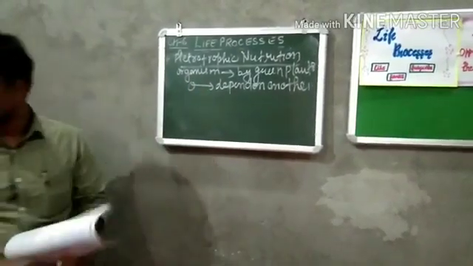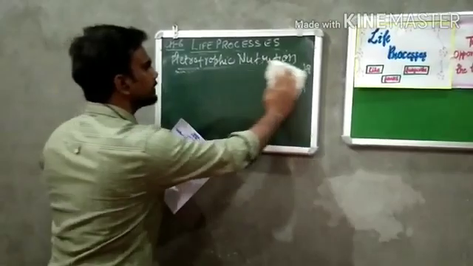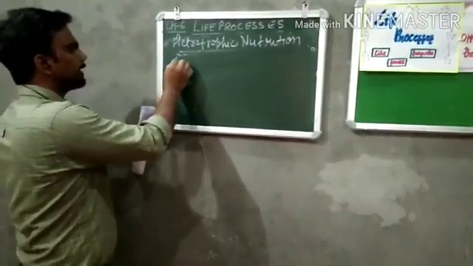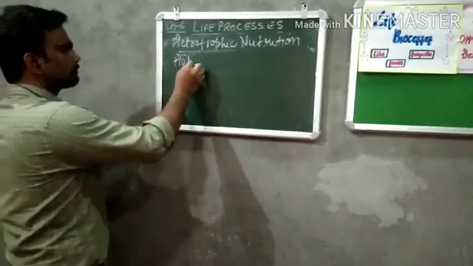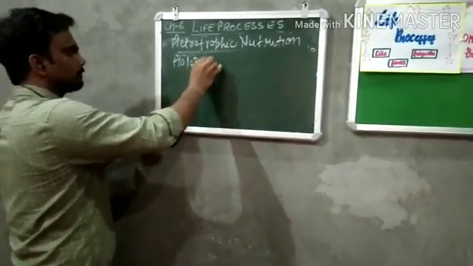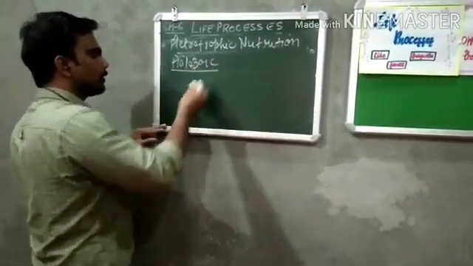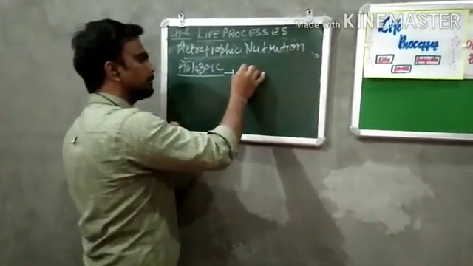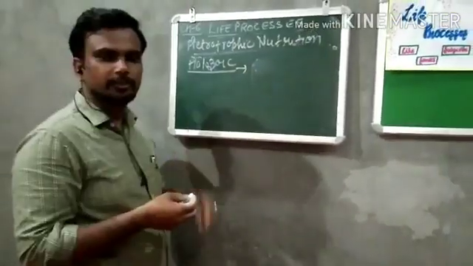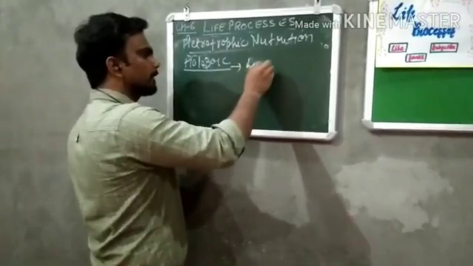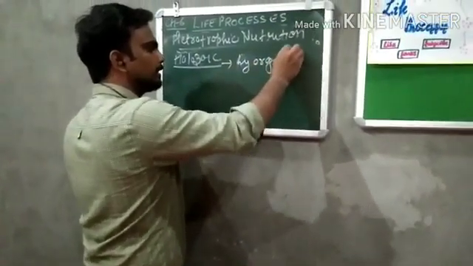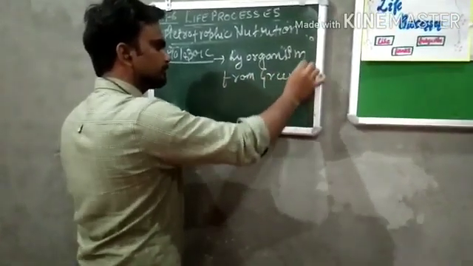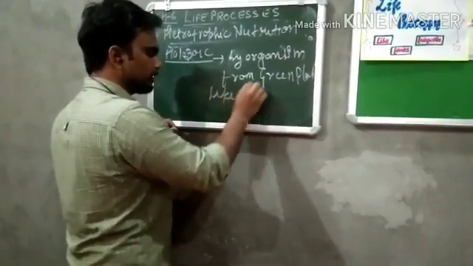There are further subtypes of heterotrophic nutrition. Holozoic nutrition is a type of nutrition by which an organism takes food from green plants, like humans.